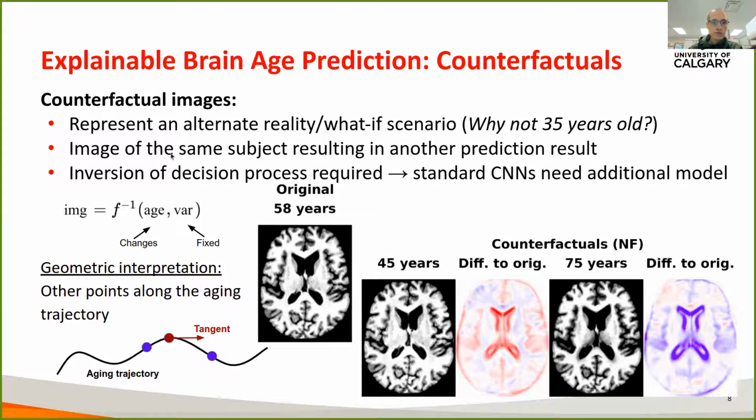How can we do it? So the counterfactual is the image of the same subject that would result in another prediction result, and we can do it by inverting the decision process.